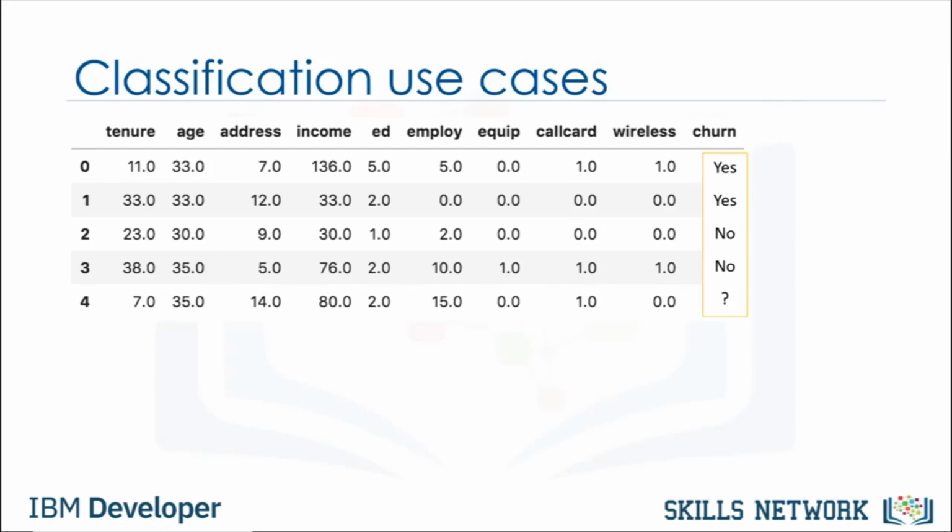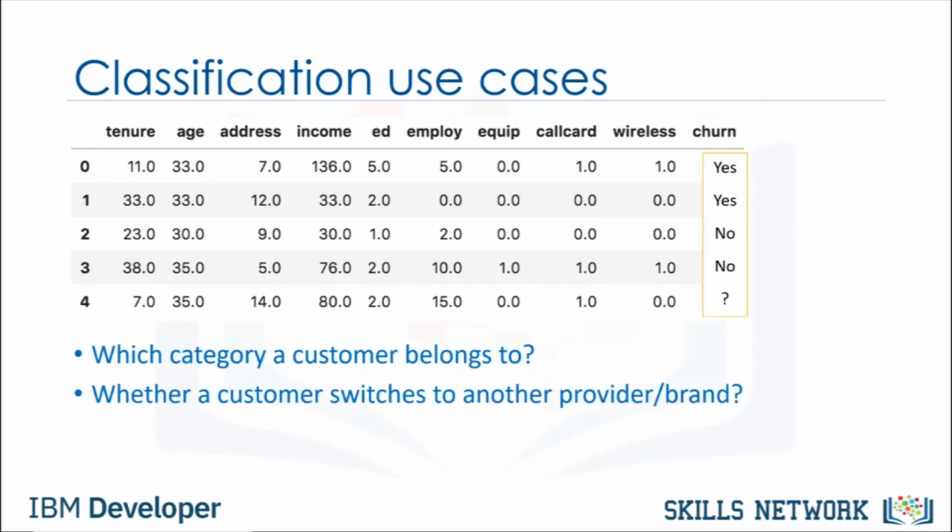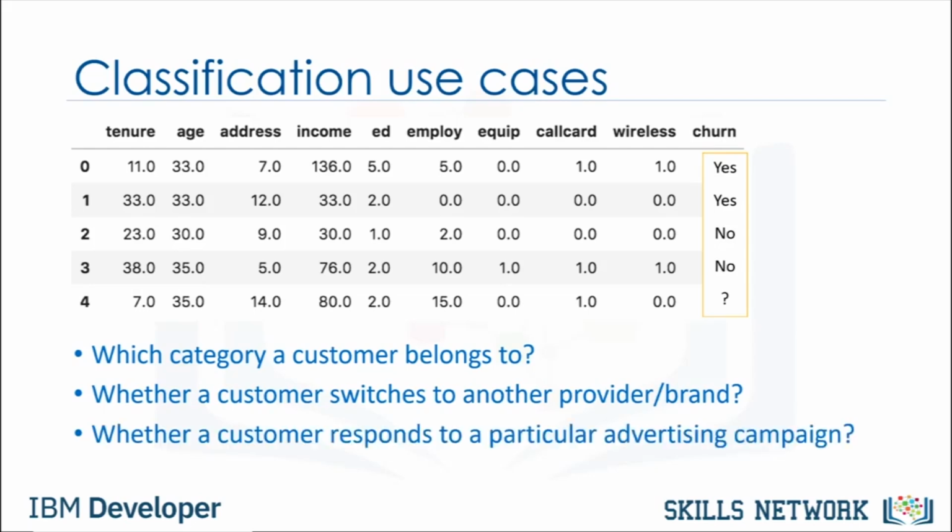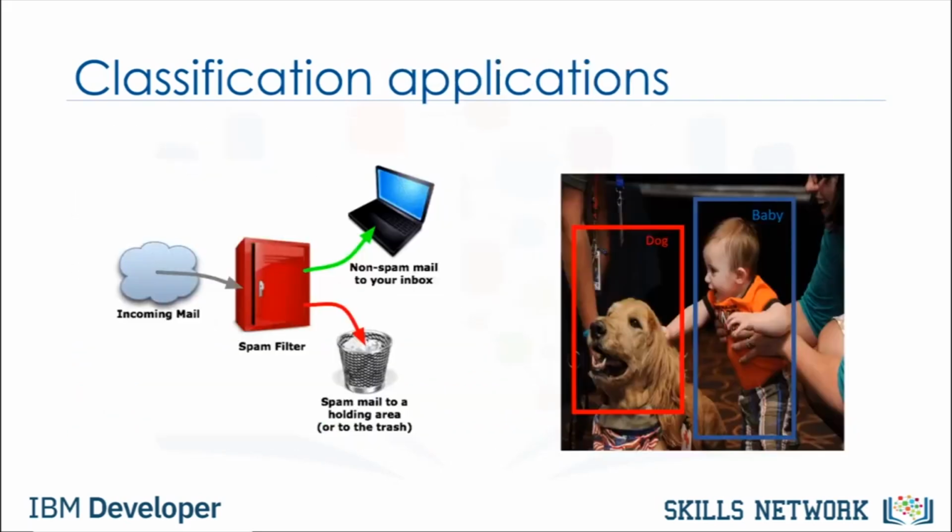Classification has different business use cases as well. For example, to predict the category to which a customer belongs, for churn detection, where we predict whether a customer switches to another provider or brand, or to predict whether or not a customer responds to a particular advertising campaign. Data classification has several applications in a wide variety of industries.